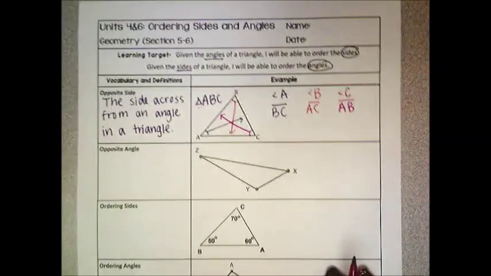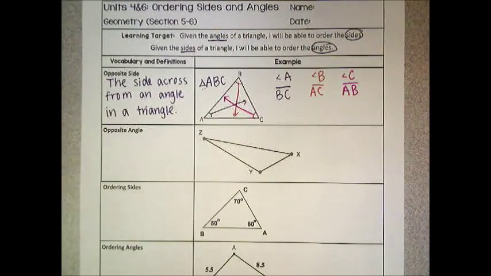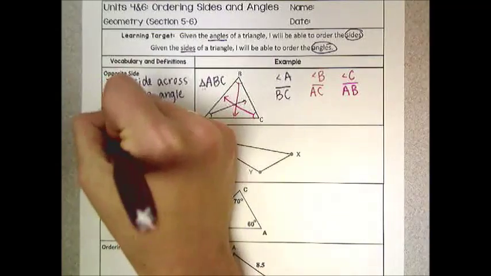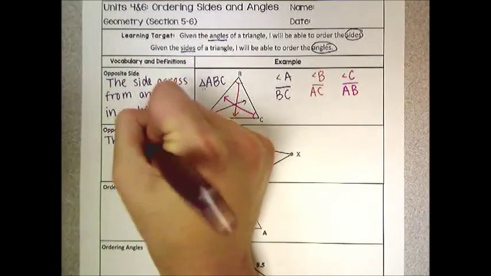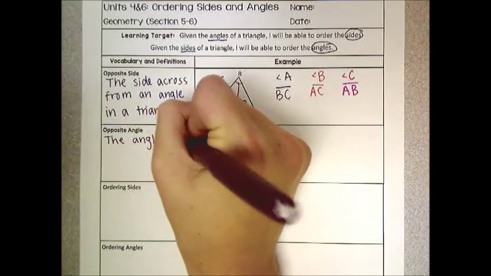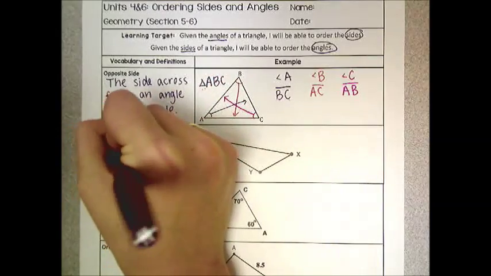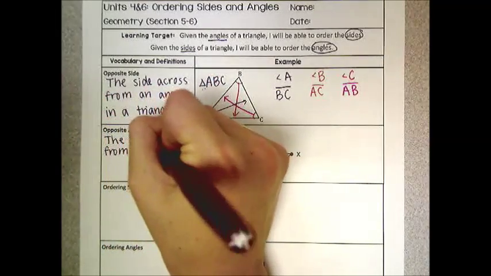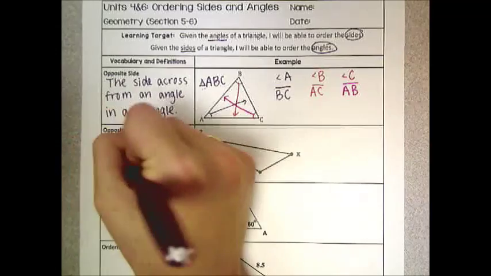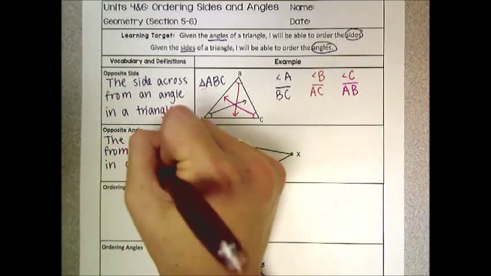All right, similarly, let's talk about opposite angles. An opposite angle is the angle across from a side in a triangle.